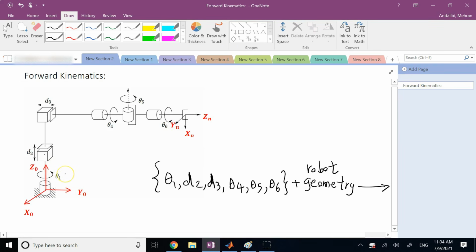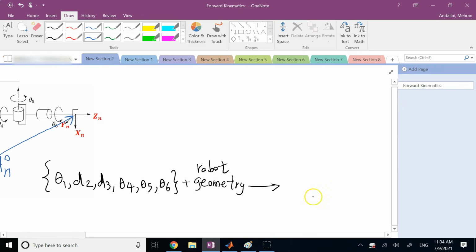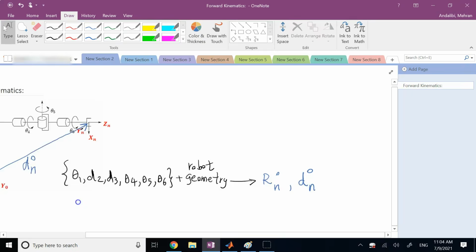If I ask you what is the translation vector from the origin of frame 0 to frame n, which is this vector here, which you might call d of n with respect to 0, and then what is the orientation of that frame with respect to this one. So what I ask you to give me is r of n with respect to 0 and d of n with respect to 0, correct?